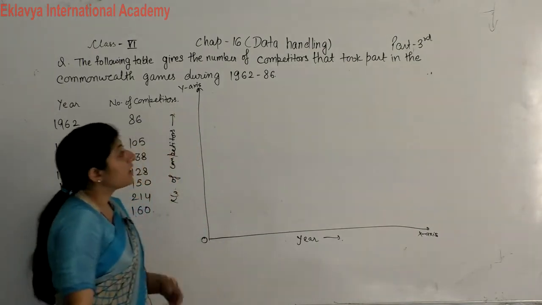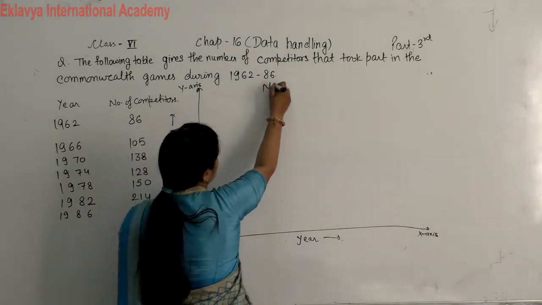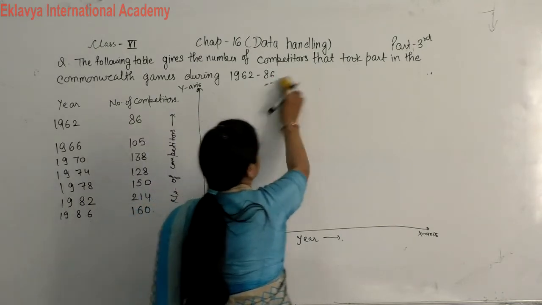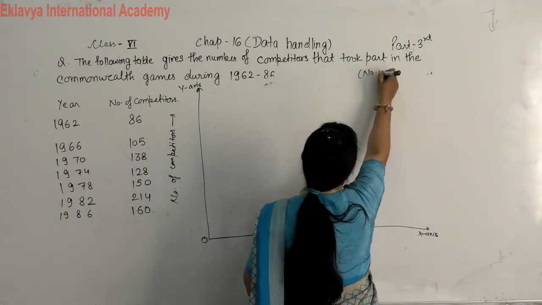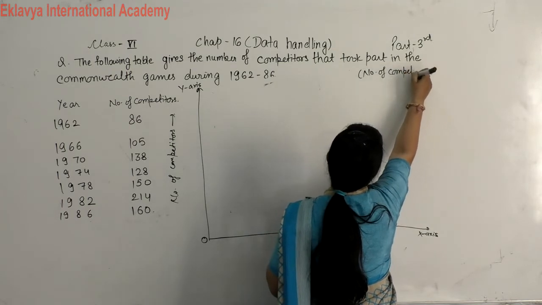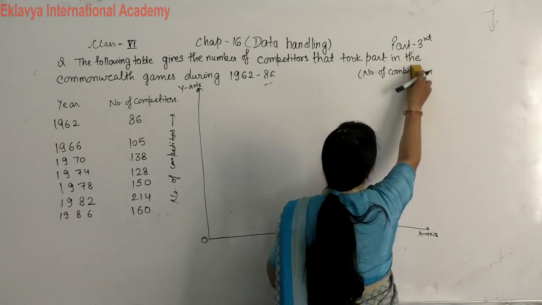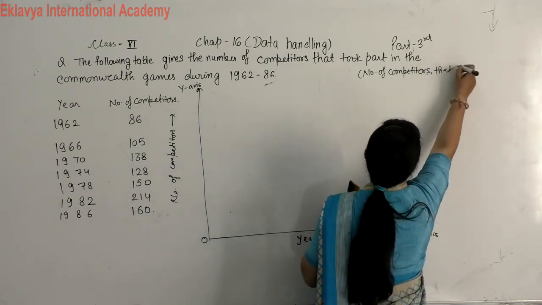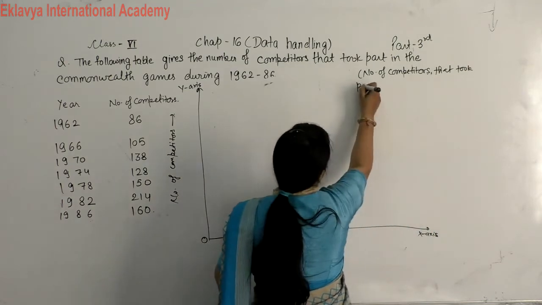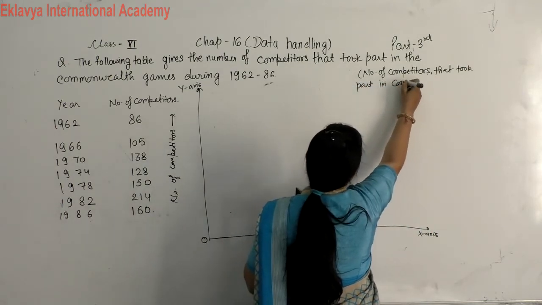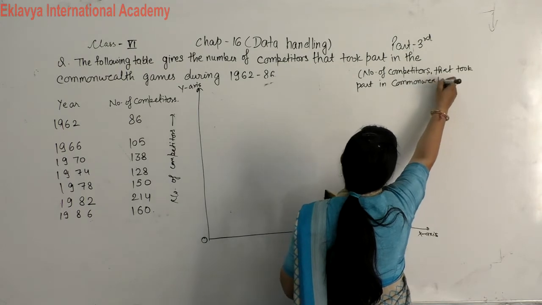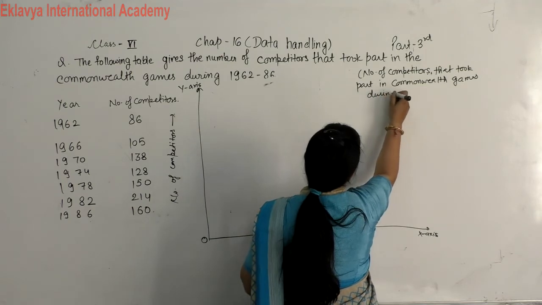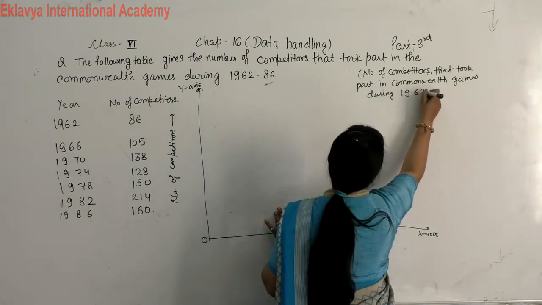And the title: number of competitors that took part in the Commonwealth Games during 1962 to 86.